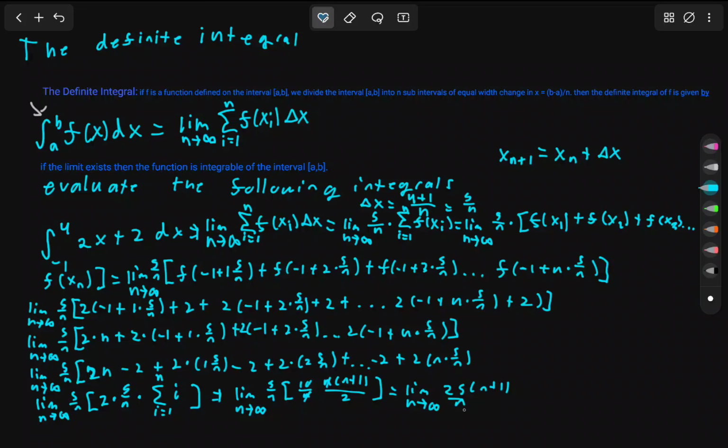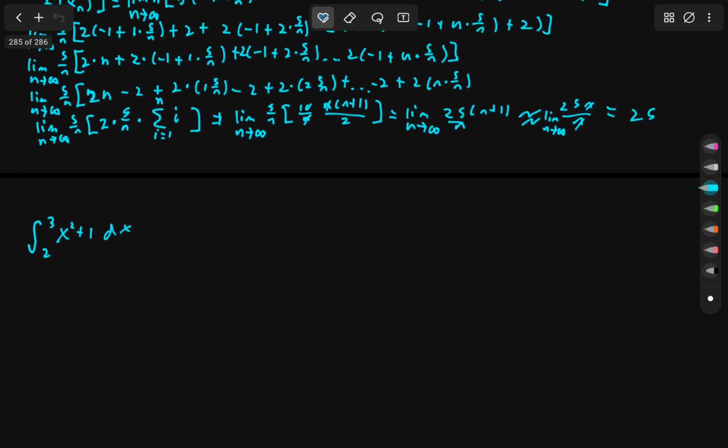As n goes to infinity, this is just going to start to look like 25n divided by n. And as n approaches infinity, these two n's will eventually cancel each other off, so we know this limit is going to approach 25. And that would be our solution to the definite integral.